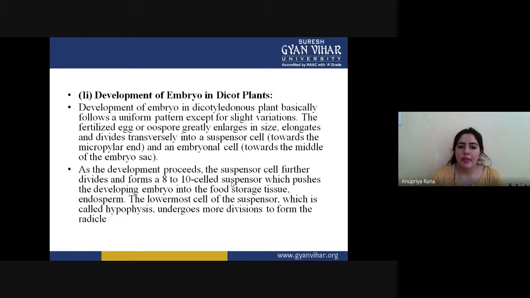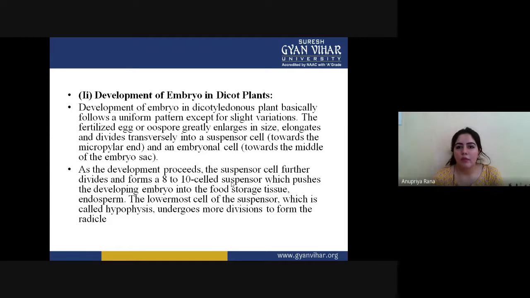So the fertilized egg or oospore greatly enlarges in size. Same as it happens in the monocot, when the oospore forms, it greatly enlarges in size, elongates and divides transversely. So the first division is a transverse division, forming one suspensor cell towards the micropylar end and one embryonal cell.